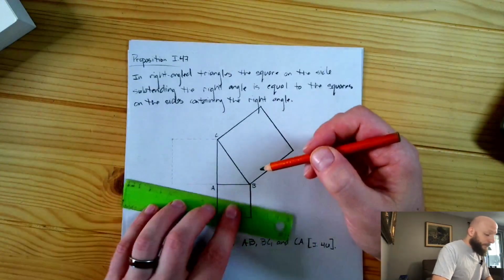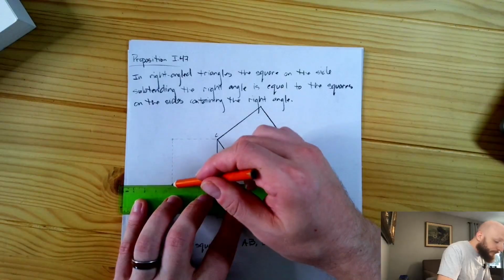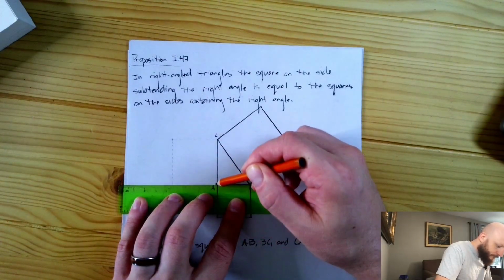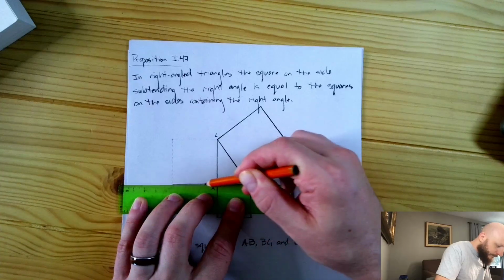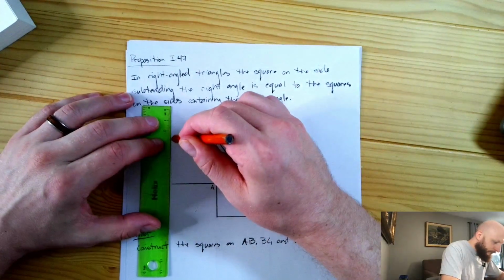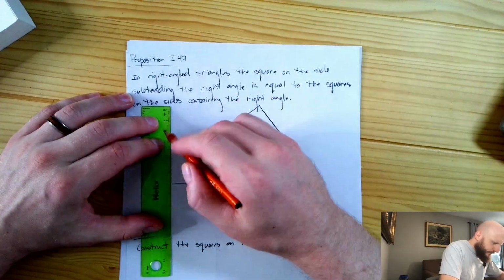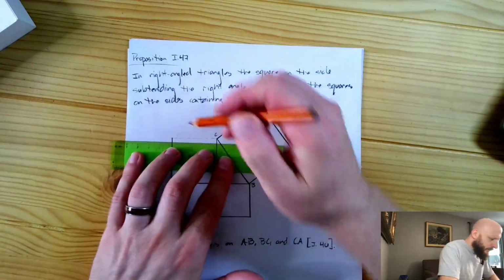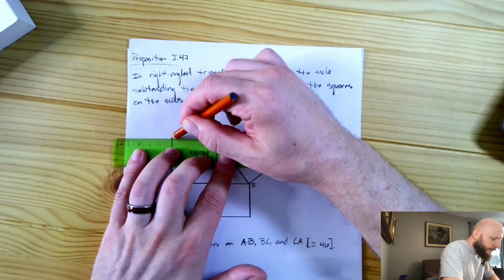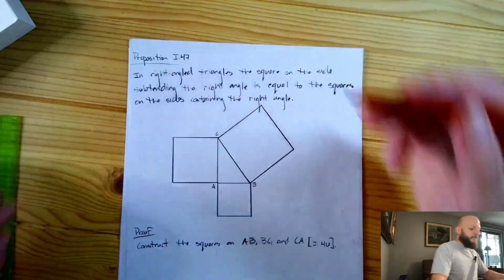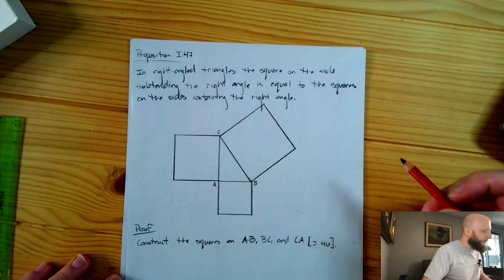Almost there. I'll make these squares, label them, and then we'll get a move on. Yeah, that's a nice little diagram.